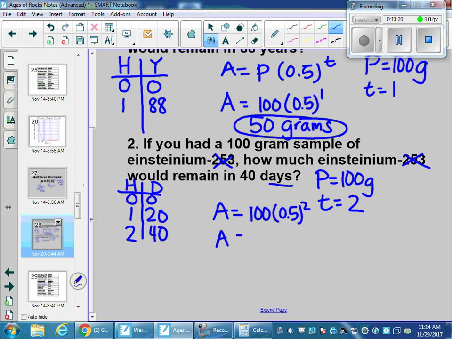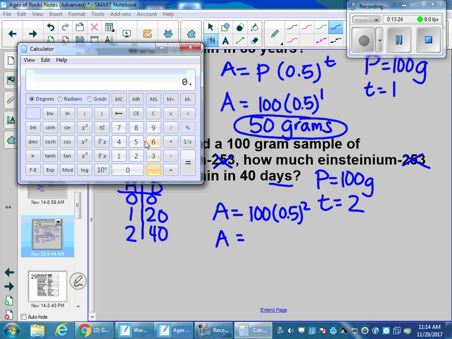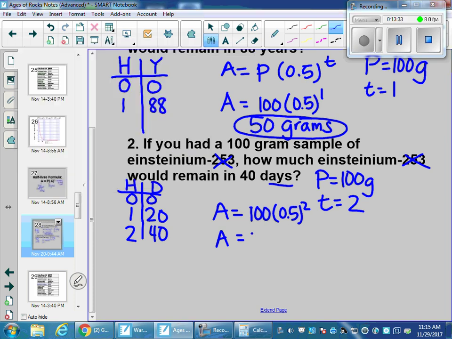When you put that into your calculator, I take 0.5 to the second power, I get 0.25. I multiply that by 100, I get 25. So 25 grams is left that has not decayed yet. We will go through this and many more examples with these calculations in class.